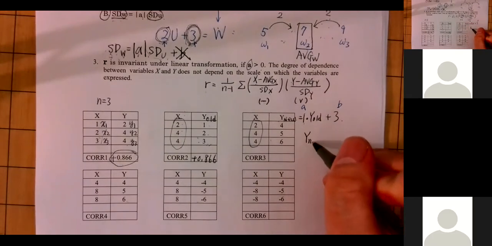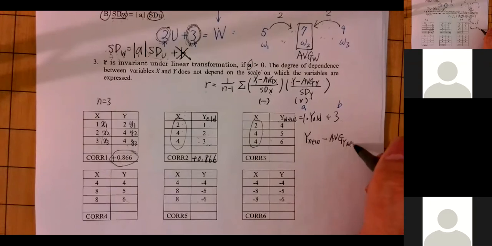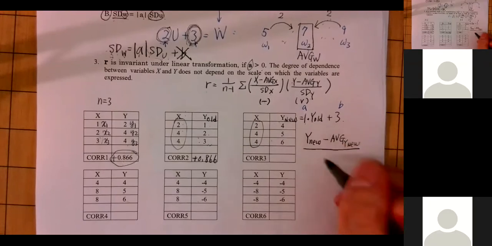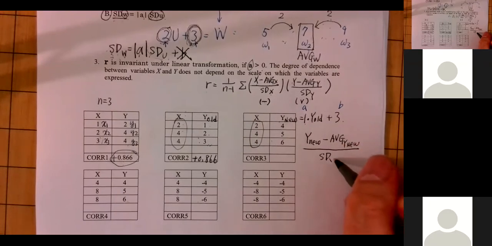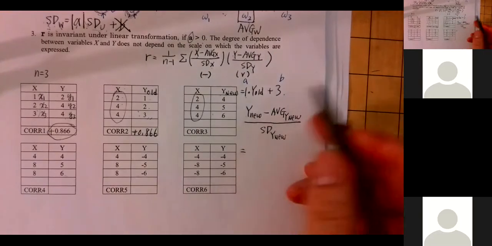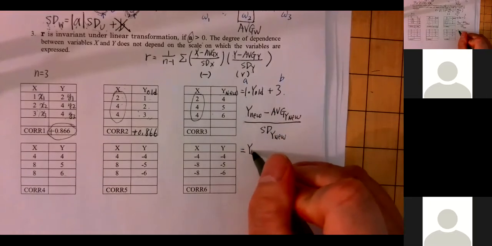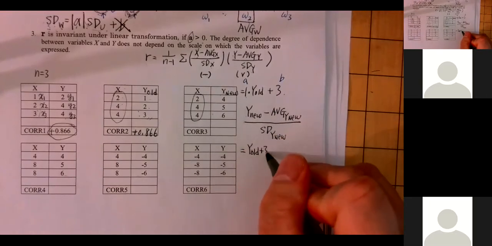Y new, subtract average Y new, divided by standard deviation of Y new. Okay? Y new, how is that related to Y old? Following the linear transformation, Y new is Y old plus 3.